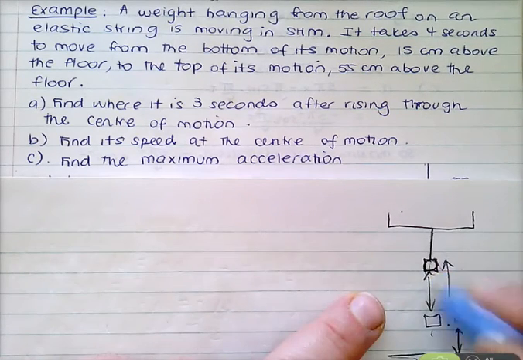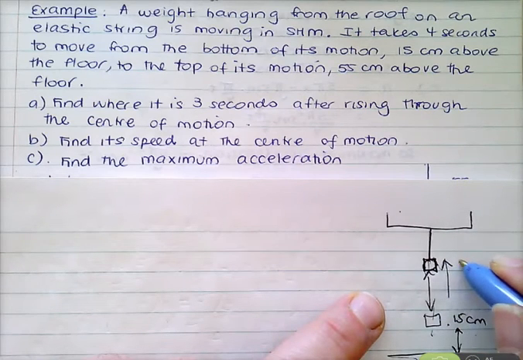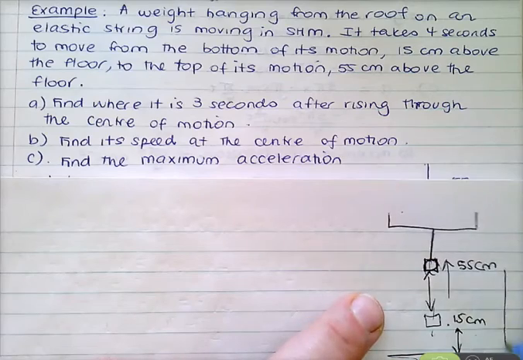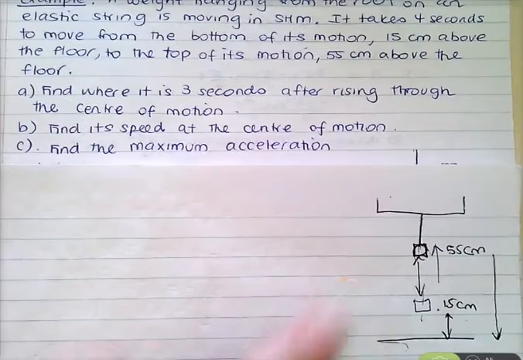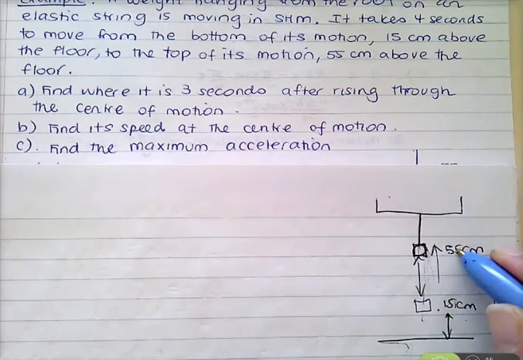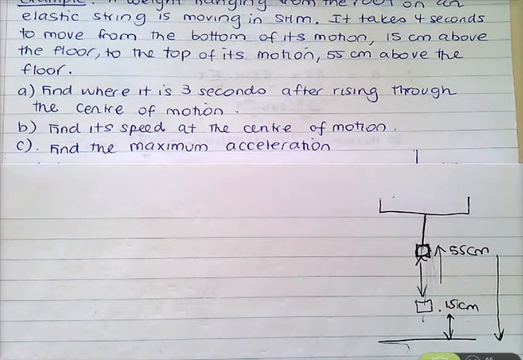So let's say it goes from there to there. Here's the top of the motion. That's 55 centimeters above the floor. So that distance from there to there is 55 centimeters. That means that the particle actually moves from 15 to 55, which is 40.